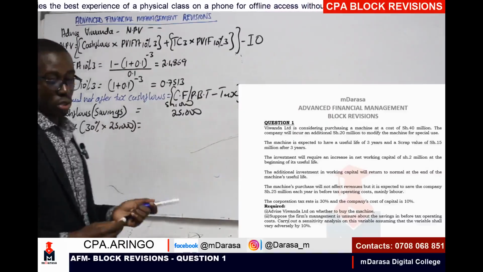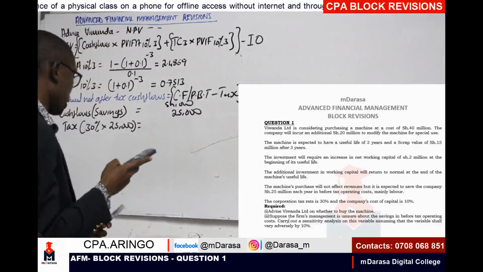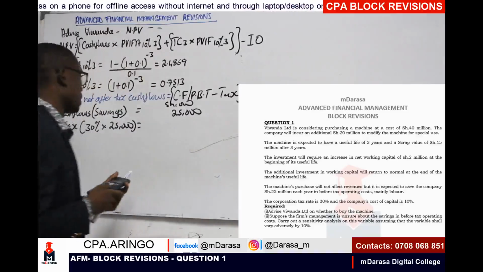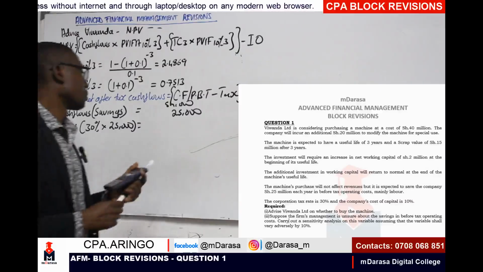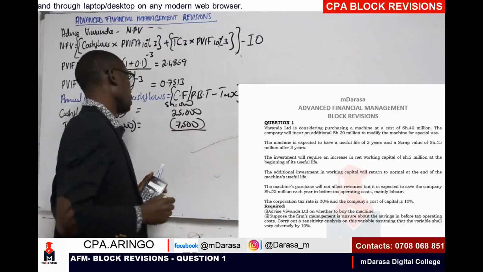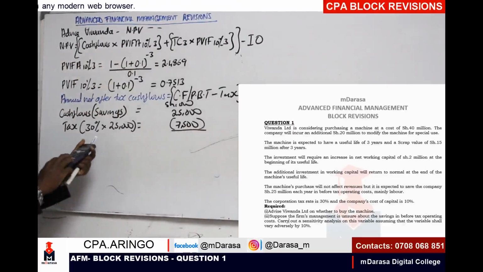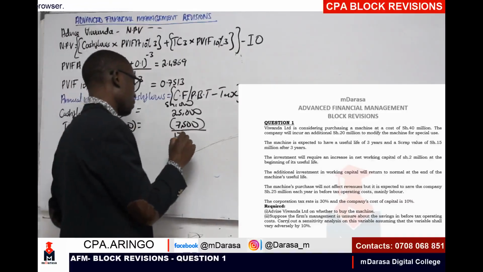This should give us 0.3 times 25, a figure of 7.5. So 25,000 minus the answer should give us 17,500.